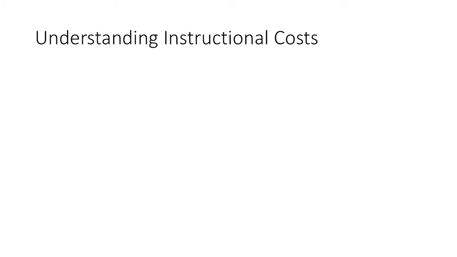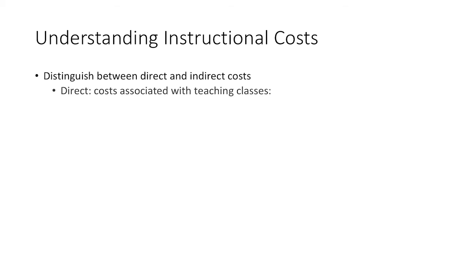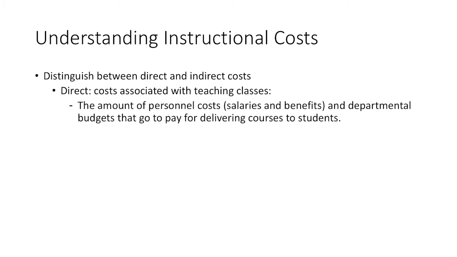When we talk about instructional costs, we can, again, categorize total costs into compartmental domains. There are two primary ways that we can think about instructional costs: direct cost of instruction and indirect cost of instruction. Direct costs are what you would think about when you think about what it costs to have a course taught. Direct costs are how much you're paying the faculty member to be in the class to teach. Those are personnel costs.